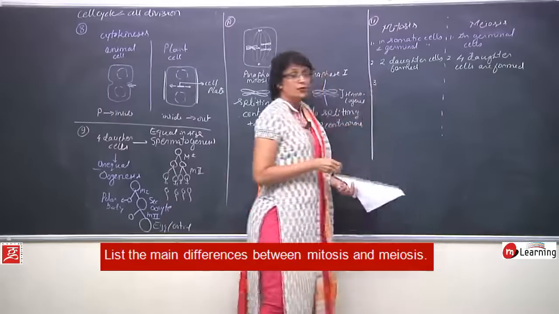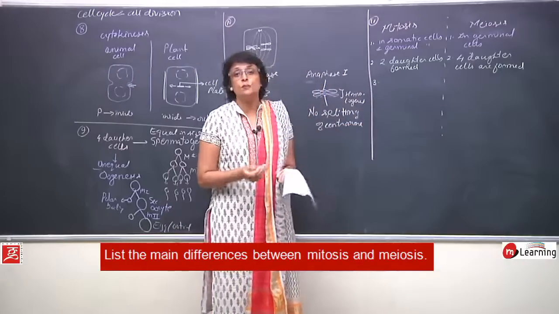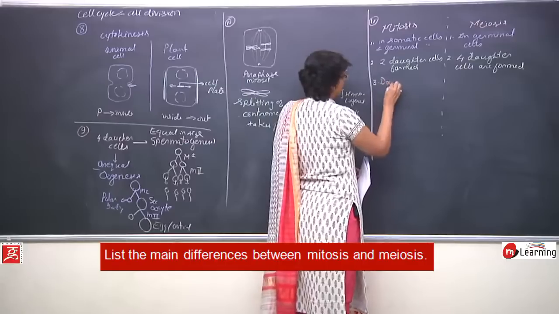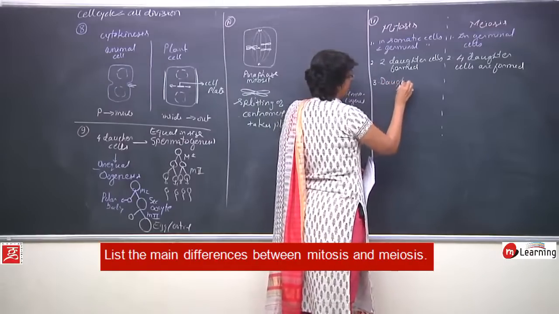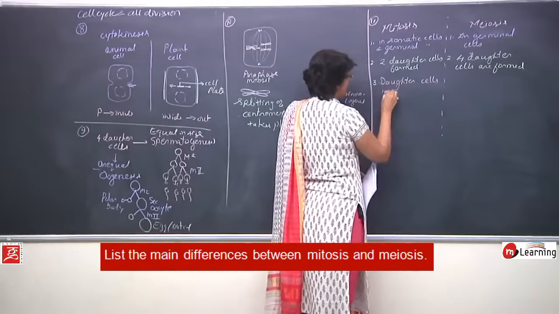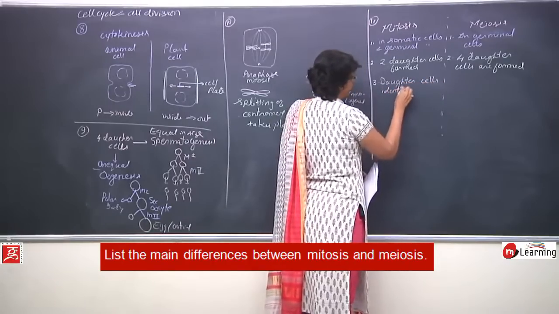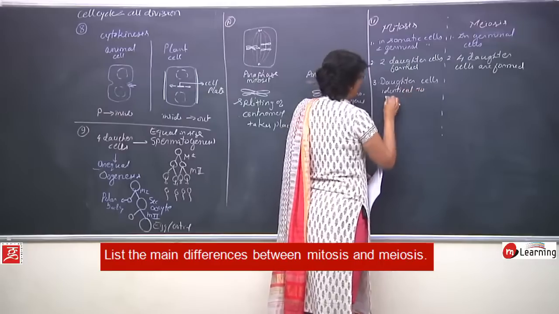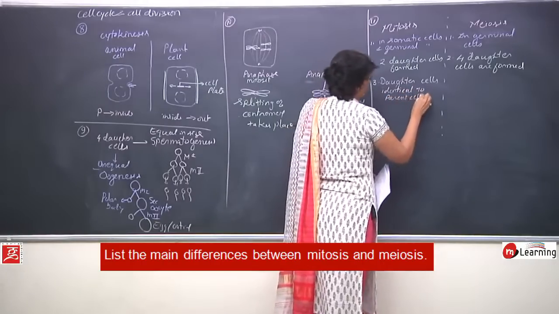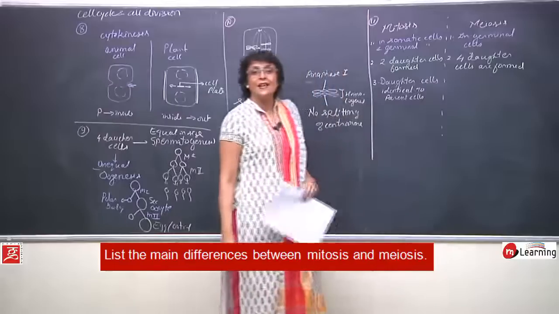Are these daughter cells similar to the parent cell? So, the daughter cells are identical to parent cells. In which feature are they identical?